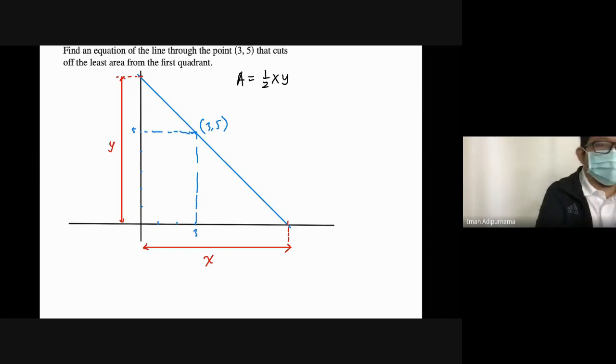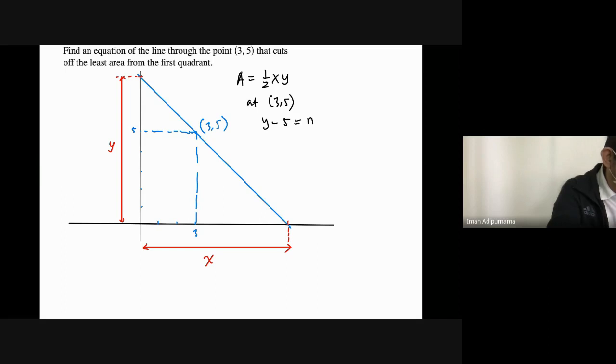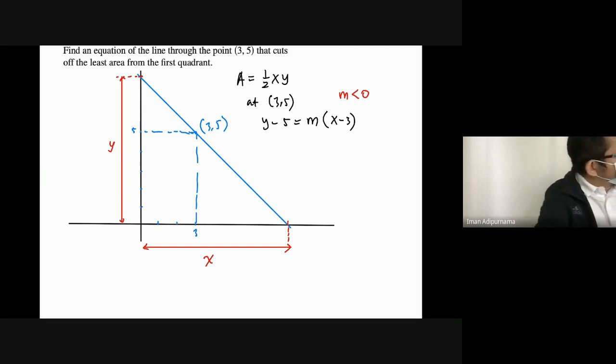First we can take the line equation using the point 3, 5. Let me write that. We have y minus 5 equals some gradient m times x minus 3. I need to write that the gradient should be negative. Don't forget this, because from the slope it's going down.